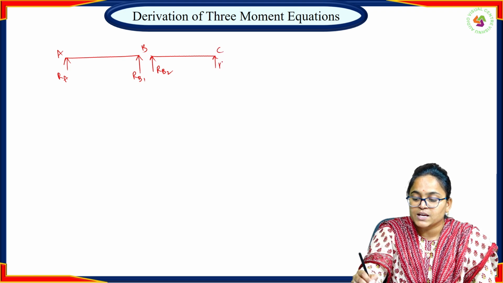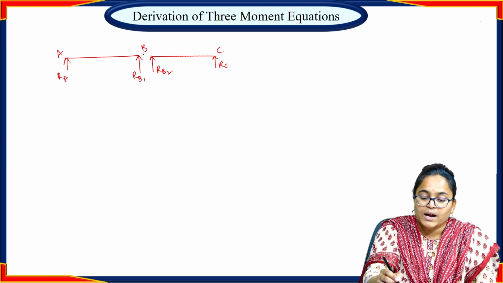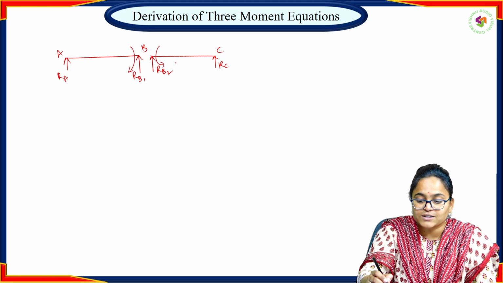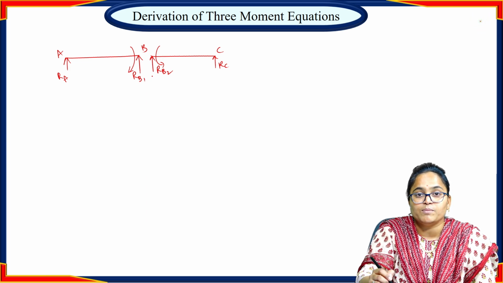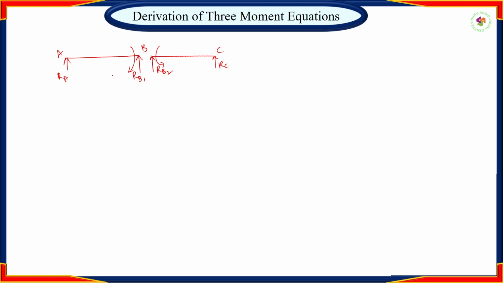Now at support C we will get RC. Now MA and MC both will be 0, and from MB, one should be clockwise and another should be anti-clockwise at support B. Then only this joint will be in stable condition. So this value is 34.29.